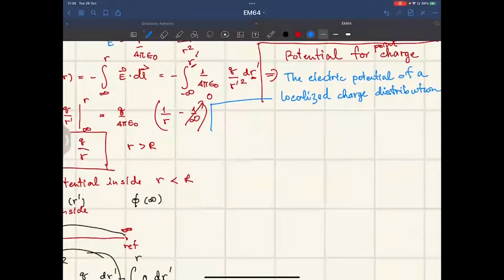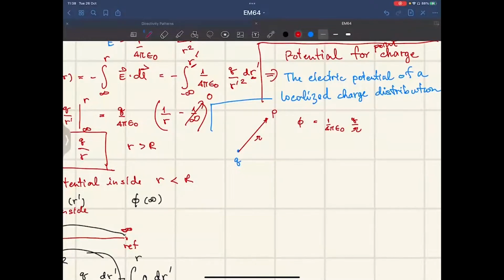Let's say we have a space and we have a point charge Q here, and we want to know the potential here. And we know this thing is R. Then our potential is what? Potential is not a vector, so you don't have to worry about the vector nature.